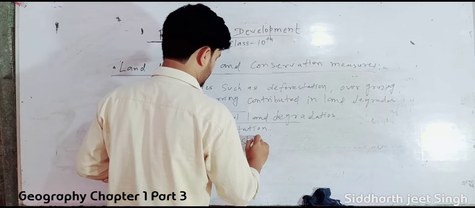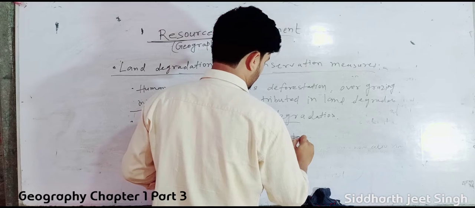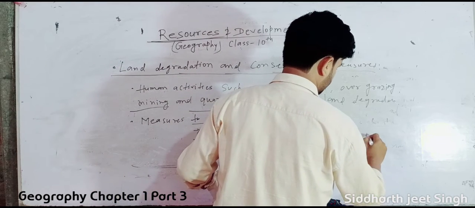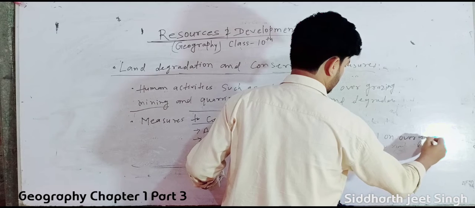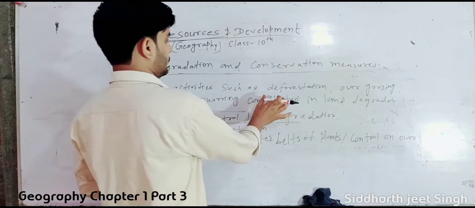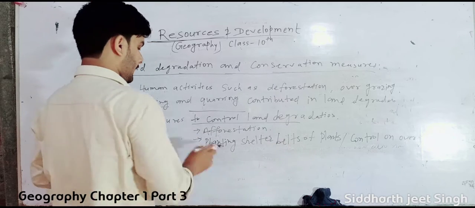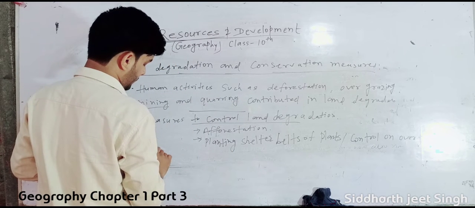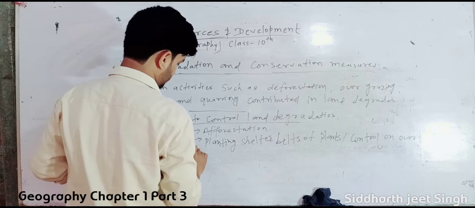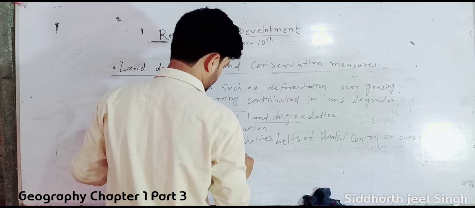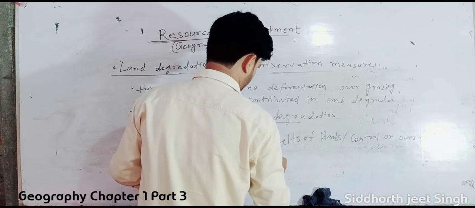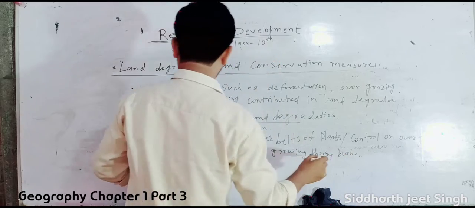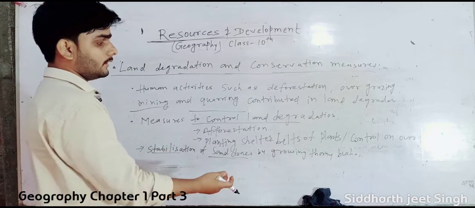Planting shelter belts of plants, control on overgrazing, which is a factor of land degradation, and stabilization of sand dunes in the desert area by growing thorny bushes.